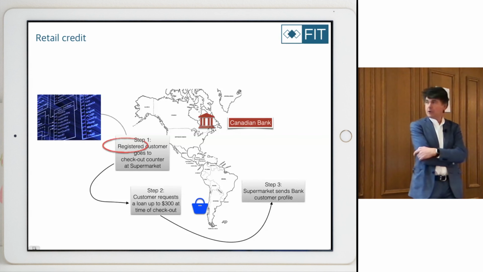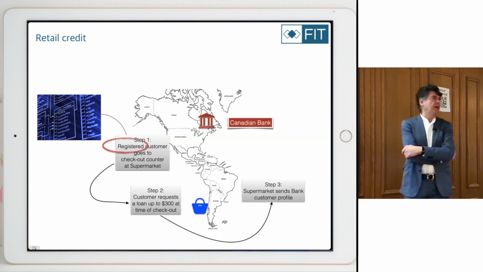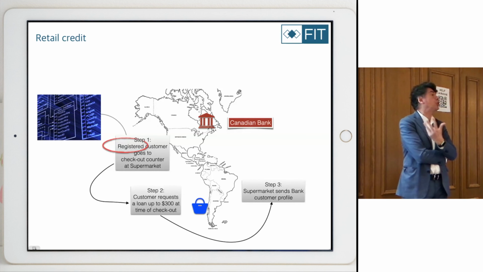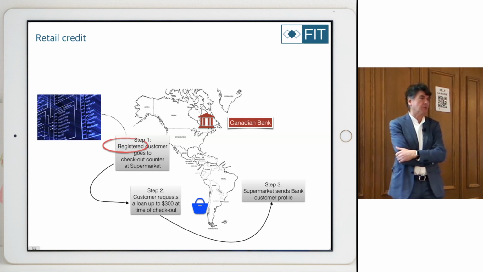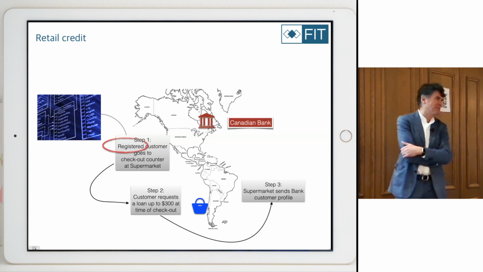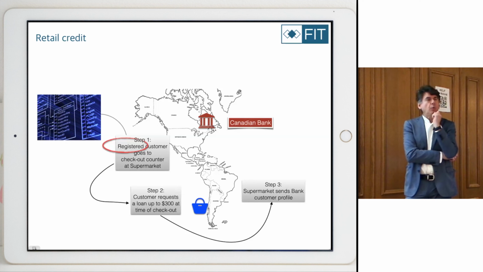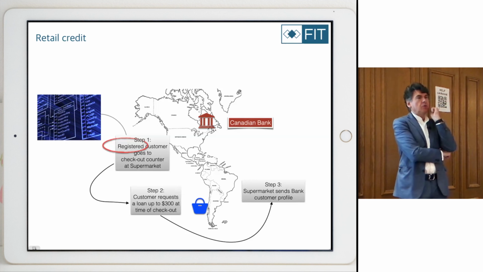If you ask for a loan, this is what happens. I'm not going to give you the full details because I don't know the full details. I don't know who does. Of course, people at Scotiabank know, but at that point you have to share with the bank the customer profile. Actually, you probably have to share the whole database. You'll see how interesting this is.